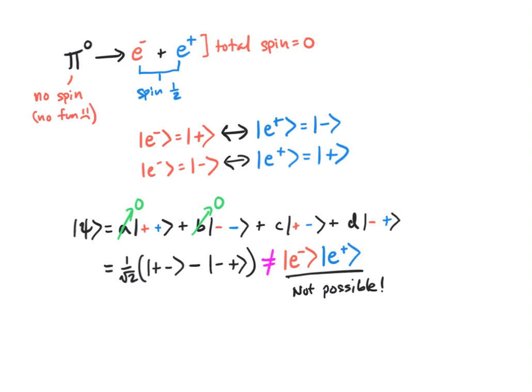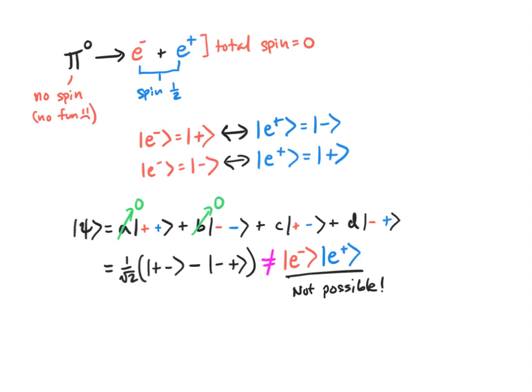We can only describe the system as a combination of 2 particles because there's more information than what would be present in a wave function for any particular particle. I really want to emphasize this. In this example, a pion decaying into an electron and a positron, there is no way to describe the state of one of these particles without the other.